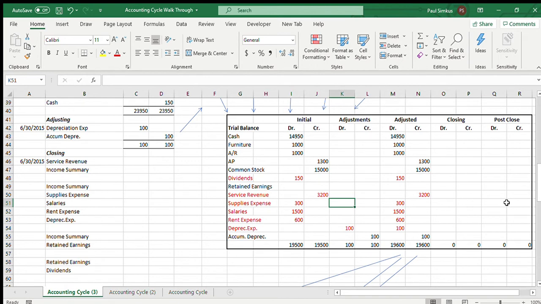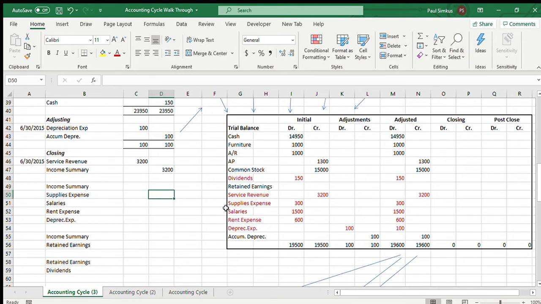Okay, what makes them zero? An amount in the opposite direction, right? Start with revenue. That has a credit balance of $3,200. I'm going to debit that $3,200. I'm going to credit income summary, which is a temporary account in itself. It's just used as a clearing account, and you'll see how that works.